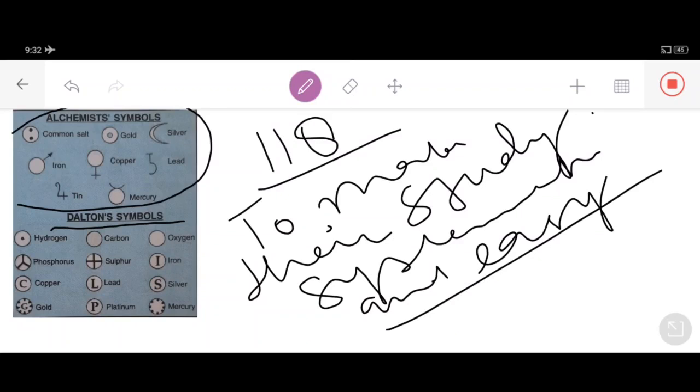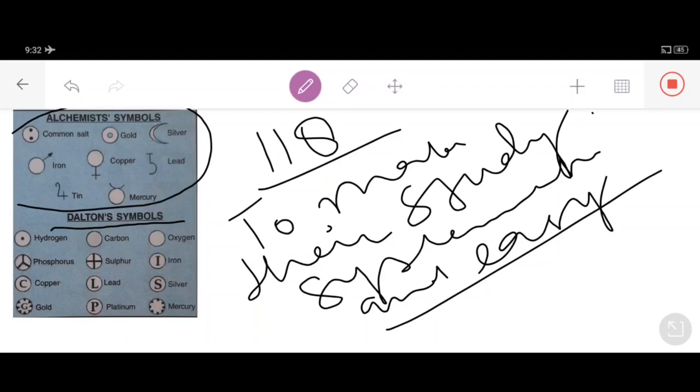And the third point is that this is why the periodic table is used as a teaching aid in schools and colleges, so that students will remember these symbols very easily, my dear students.